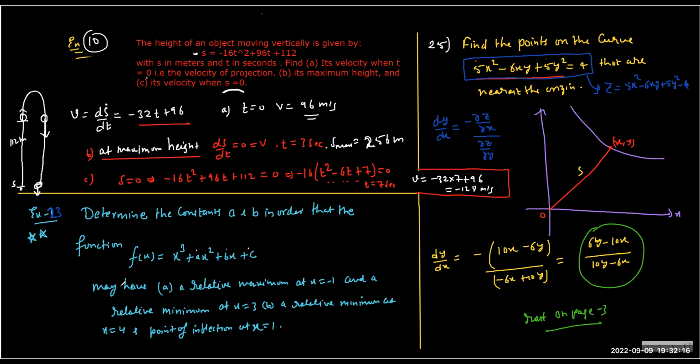Can we say these are the points called critical points in the solution of maxima and minima, isn't it? So the first step is simple. Can we just differentiate the function and equate to 0 if x is -1, equate to 0 if x is 3, and equate to 0 if x is 4? So we'll get three equations. Let's differentiate.